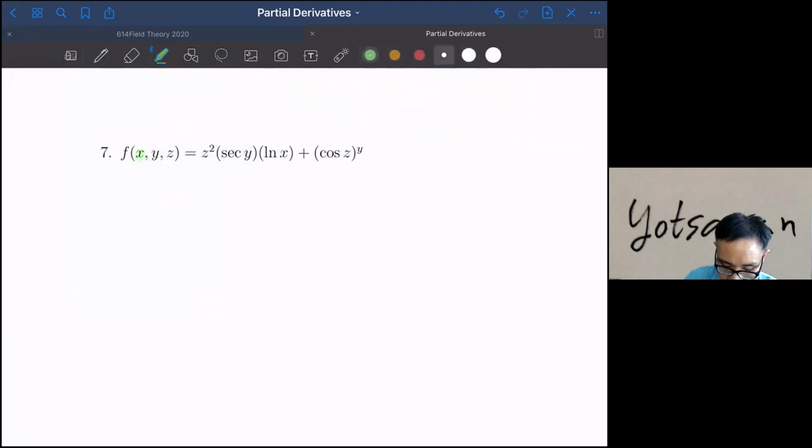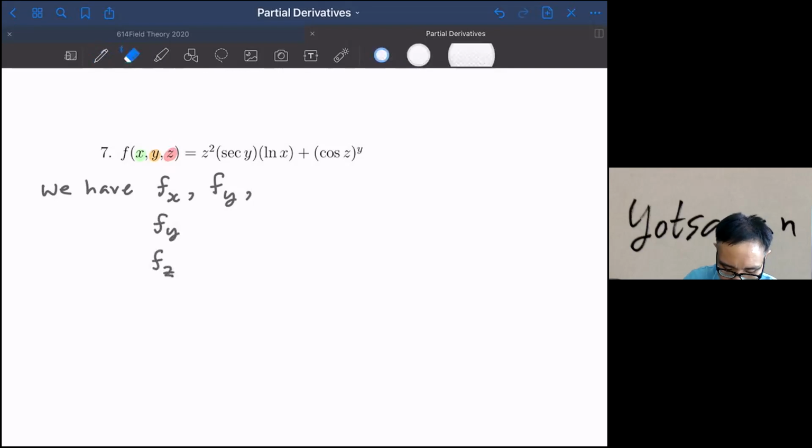For this one, you're going to have 3 partial derivatives. So we have the derivative with respect to x, the derivative with respect to y, and the derivative with respect to z. So it's going to turn out to be 3 derivatives.